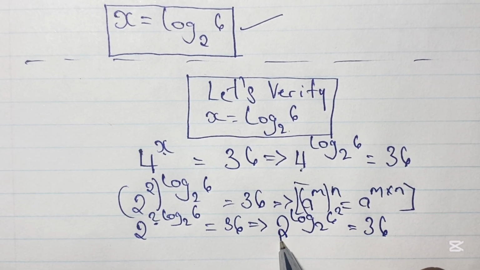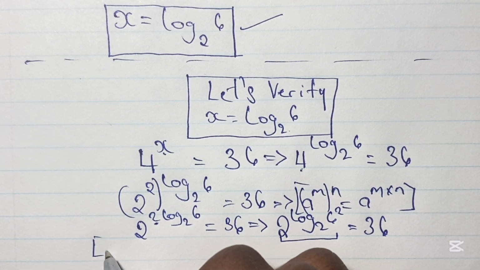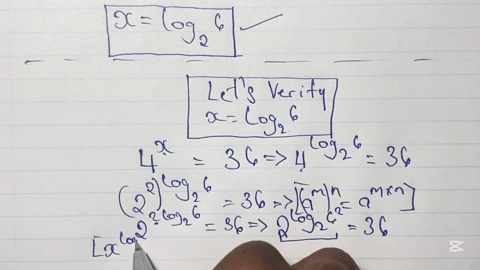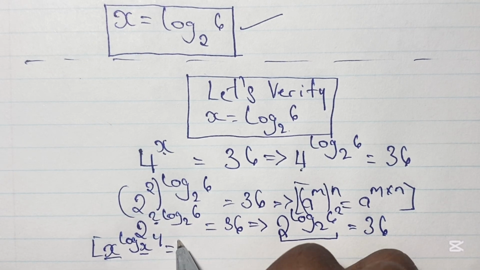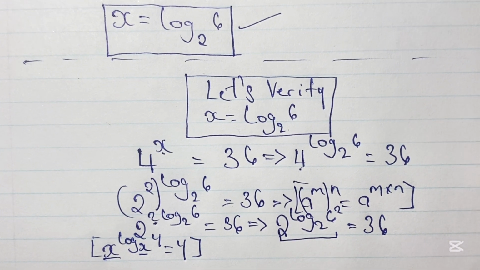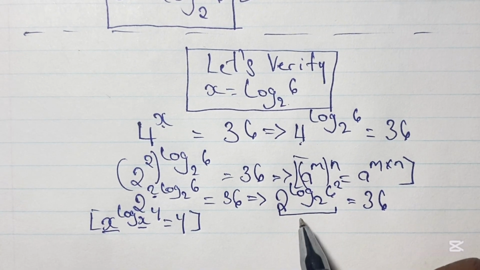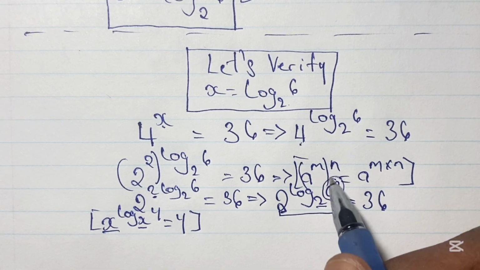Now here, we can simplify this expression using this logarithm rule, where we have x to the power of log base x of y, where we have the same base x and x, this evaluates to y. So with this understanding, we can rewrite our expression. Where we have the 2 here and the base 2 here, this evaluates to 6 squared.